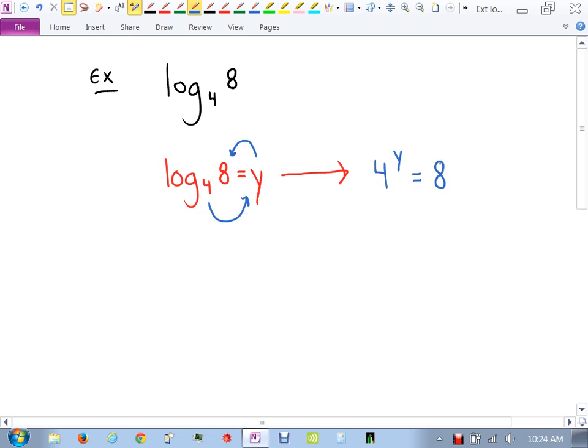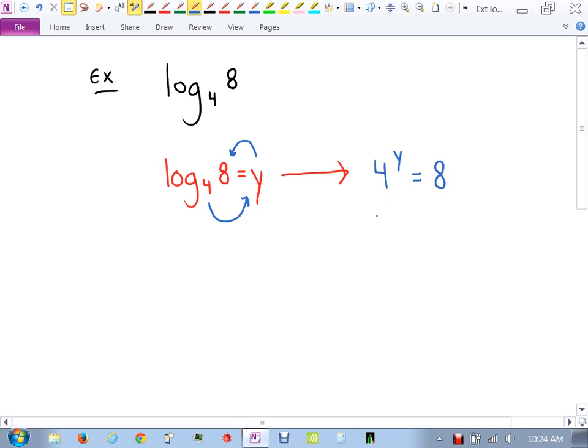Now, in the previous problem, what I did was I realized that 16 was a power of 2, didn't I? And I rewrote that 16 as 2 to the 4th. And I moved things around. What's wrong here, though? They're not both powers of 4, but they are both powers of 2.